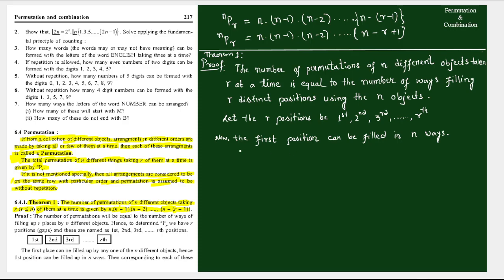So now the second position. After filling the first position, how many objects remain? Out of n, one has gone, that means n minus 1 objects remain.